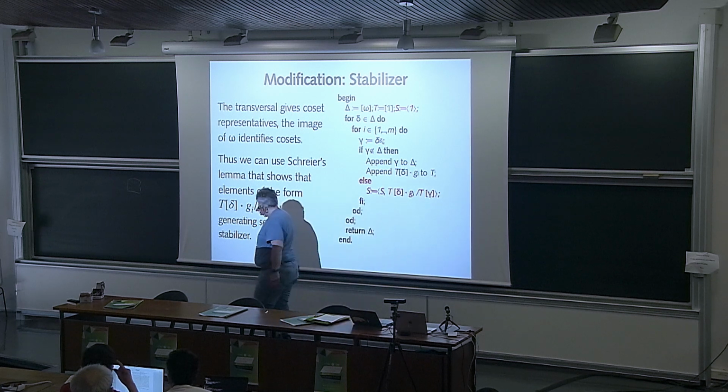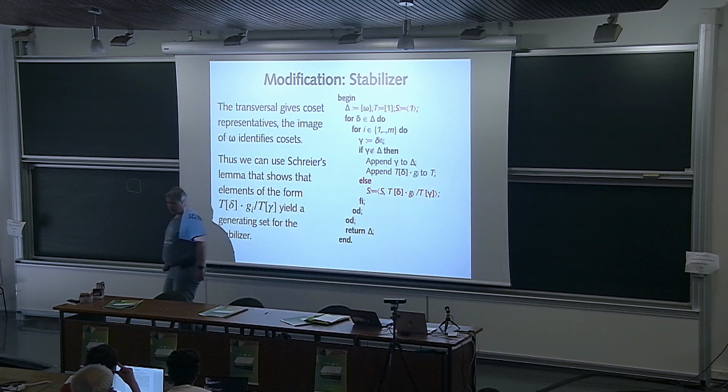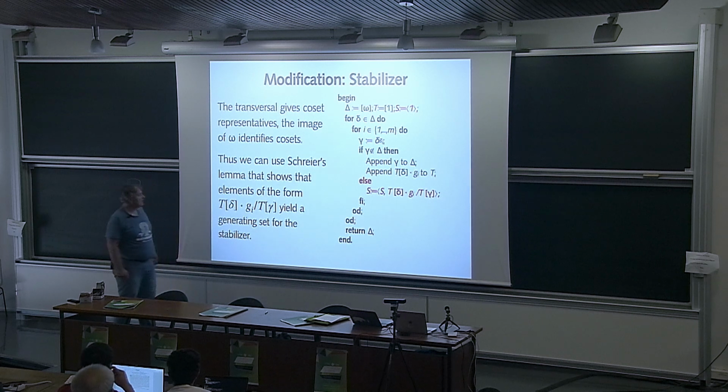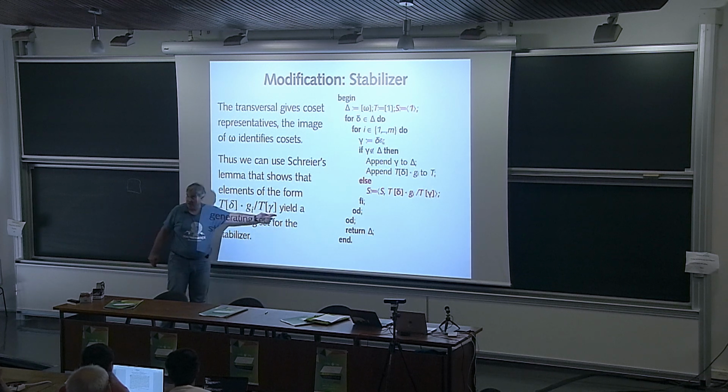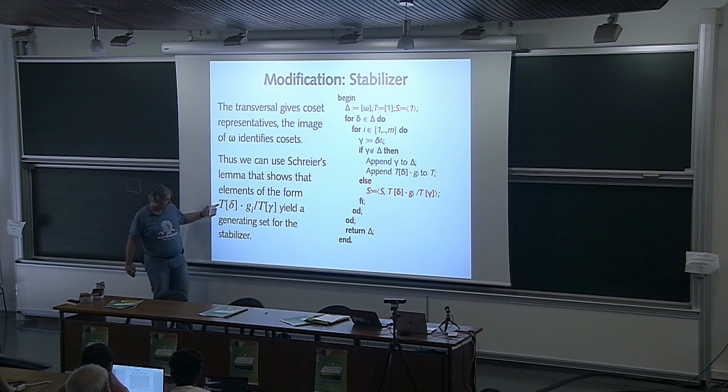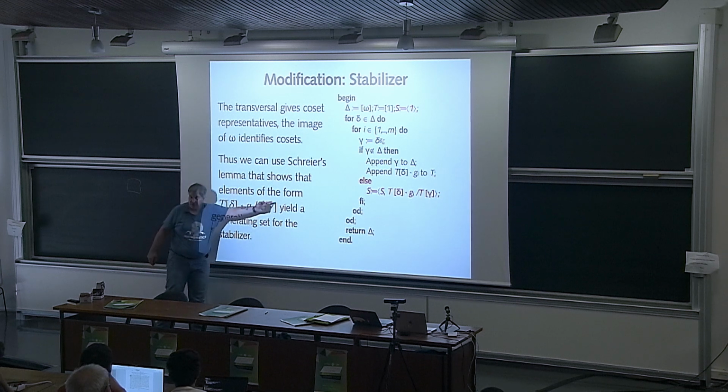Gamma will have a corresponding transversal element. And of course, if I take delta, the image under gi gives me gamma, and I divide off the transversal element for gamma, that is the element which would map omega to gamma, then this maps omega to delta to gamma and back to omega.